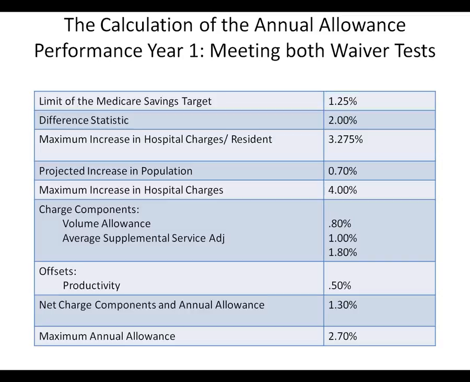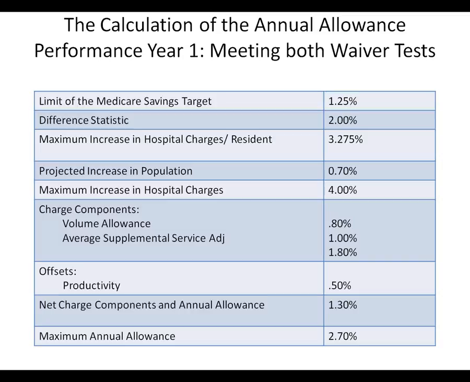Now, how would that 4% be broken down between the components that we've identified and the annual allowance? Well, the volume allowance we've assumed to be 0.8%. And I want to underscore that this derived annual allowance, which is fairly high, is only high because of this volume allowance restriction. The average supplemental service adjustment of 1% is combined with that.